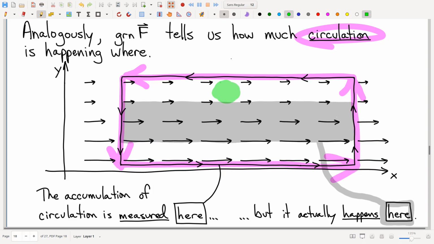Suppose I look at that green little region here. Imagine that being a leaf. Imagine our vector field representing a flow of a fluid, like this is a little creek or river or something like that. Drop a little leaf onto there. The leaf floats downstream. Is this leaf going to be turning?